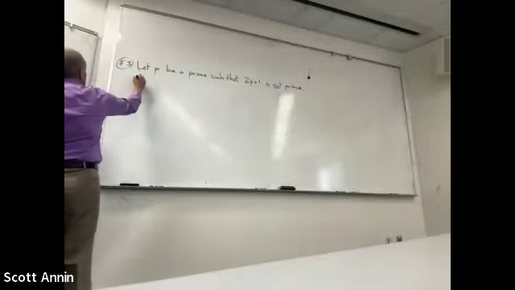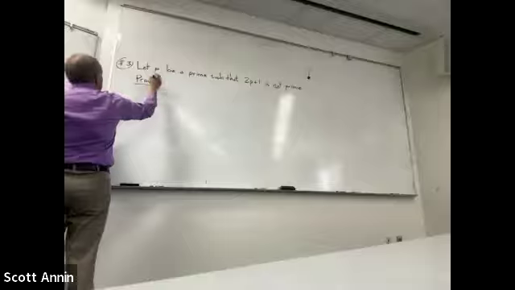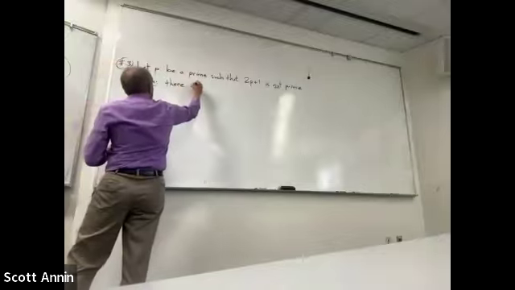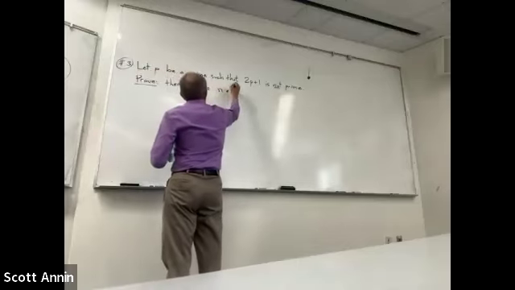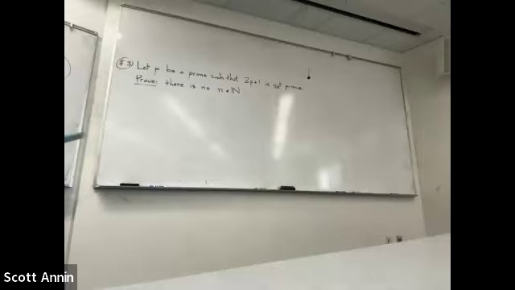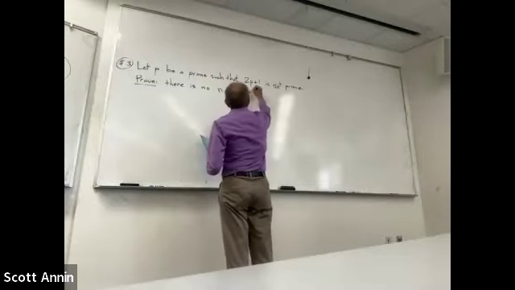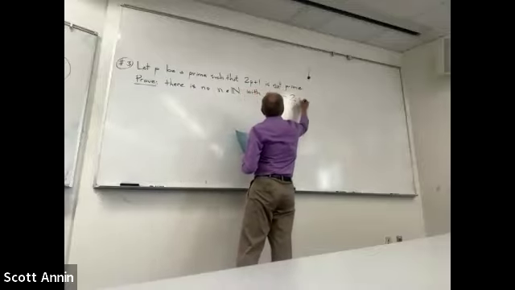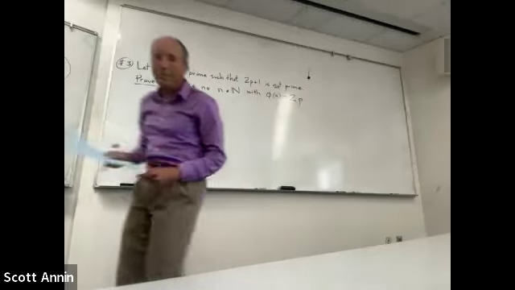And then what I would like to do is prove there is no integer little n, no natural number little n, with phi of little n equal to 2p.